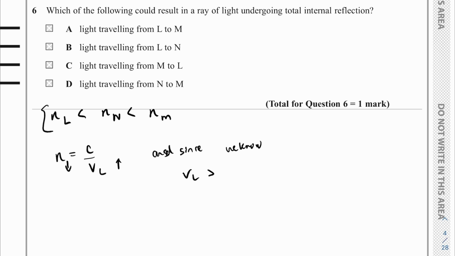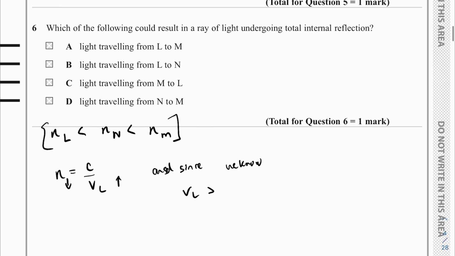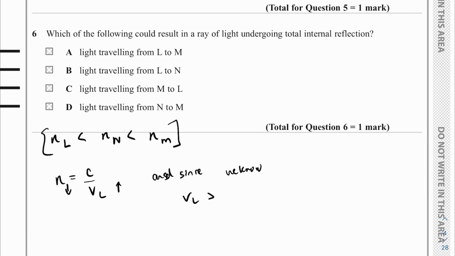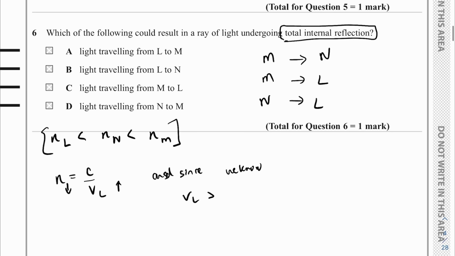So now we have this. The only way we can get total internal reflection is when it's going from the more dense material, so M to either N or L, or N to L. We can't go from a less optically dense material to a more optically dense material and get total internal reflection. That's not how it works. So these are our only possibilities.